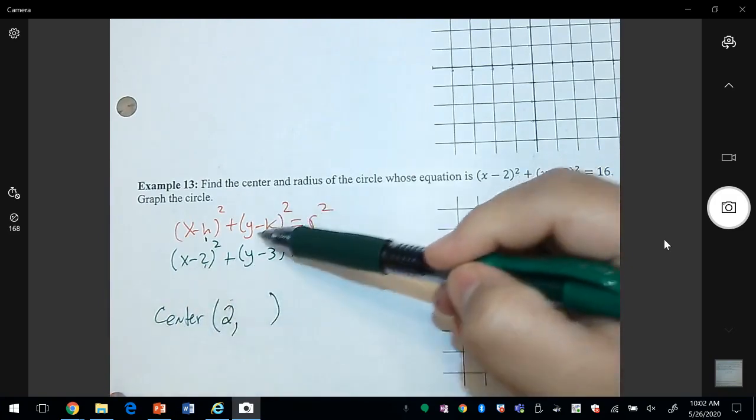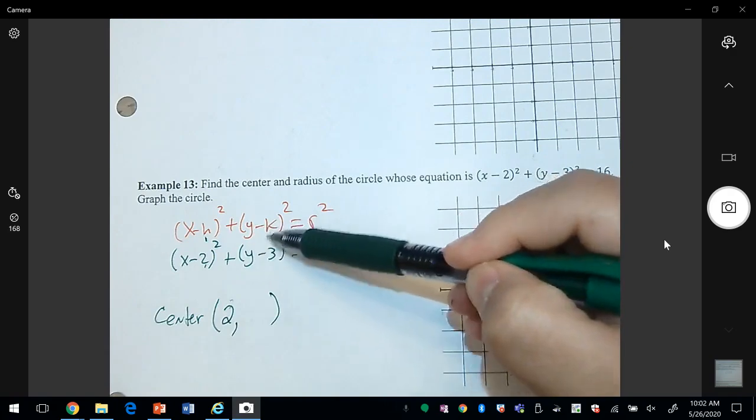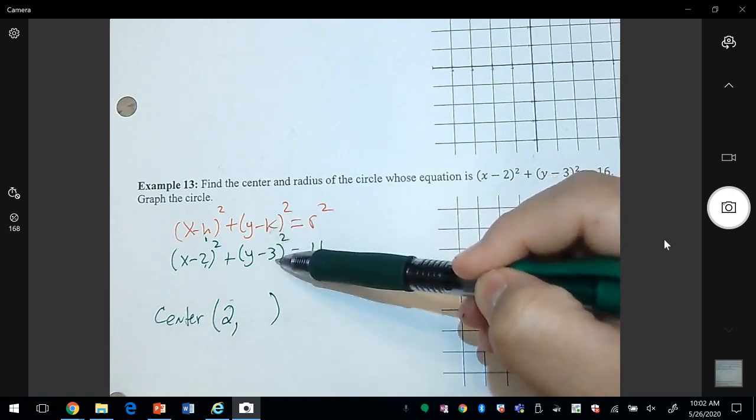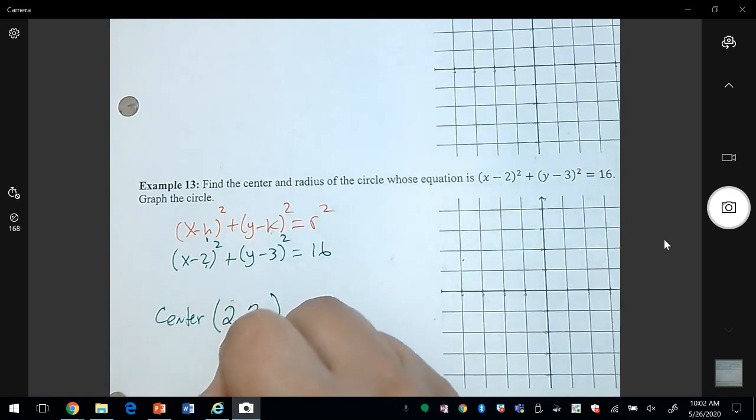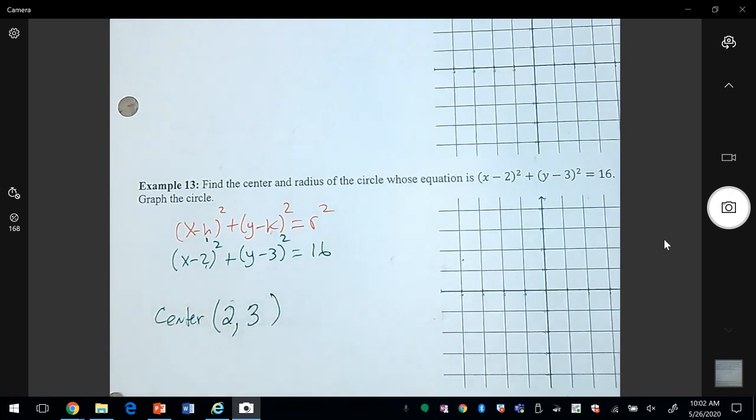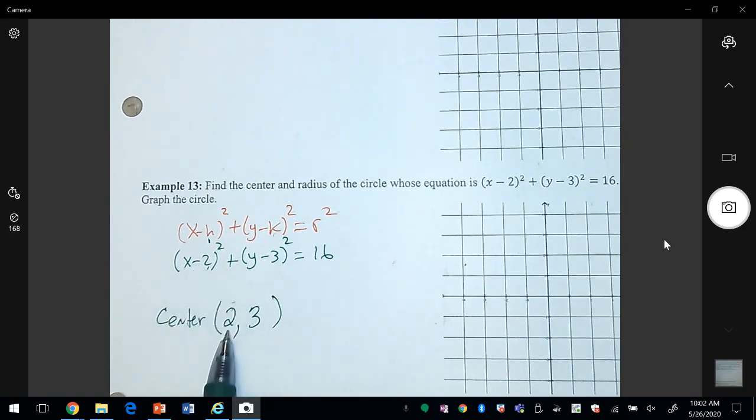And then over here, if we compare, you got y and y, minus minus. So k is going to be 3. So that's going to be your center. So notice here, if you had a minus 2, the opposite is positive 2. Minus 3, the opposite is positive 3. So you can look at it in that way as well.